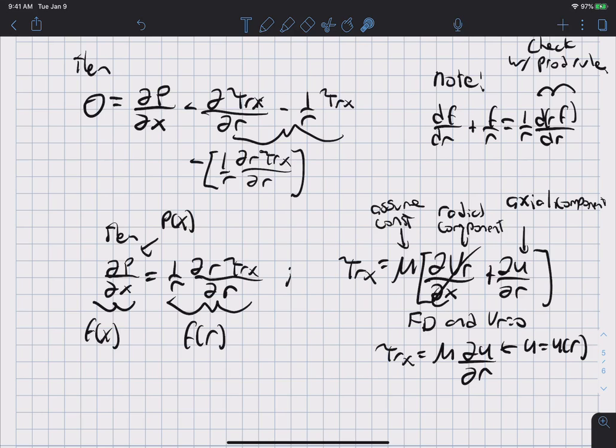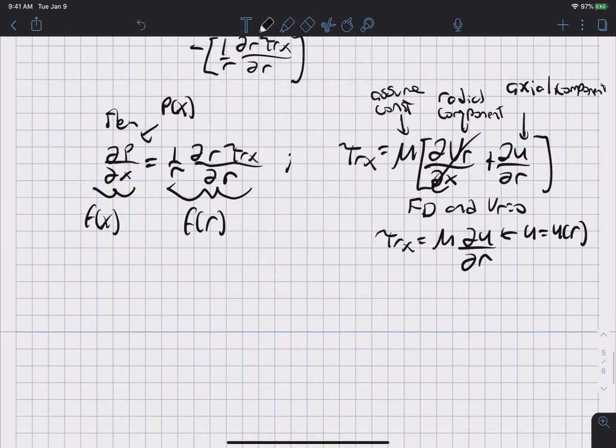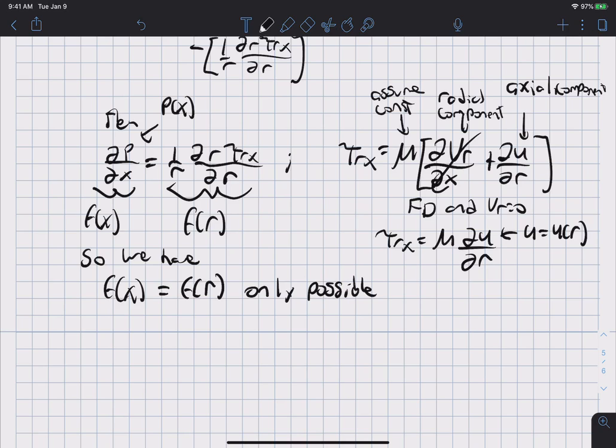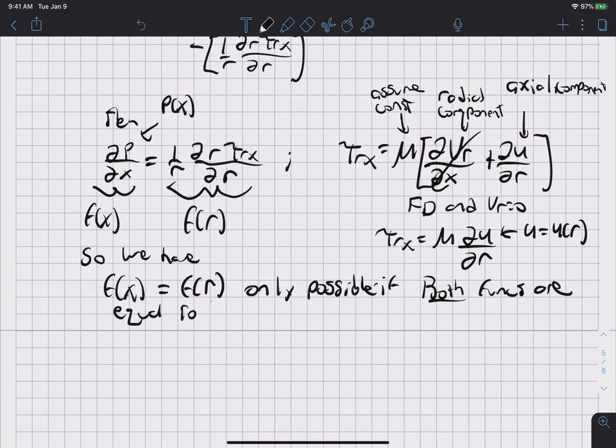There is only one way that you can have a function of one variable equal to a function of another variable: some function of x equal to some function of r is only possible if both functions are equal to the same constant.